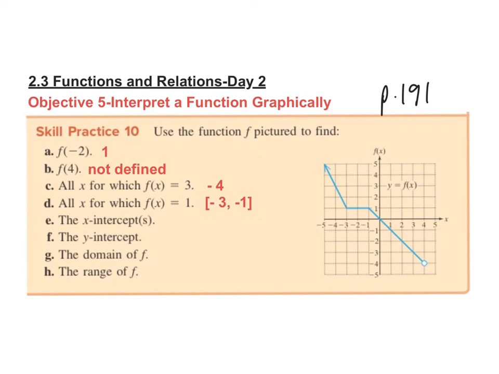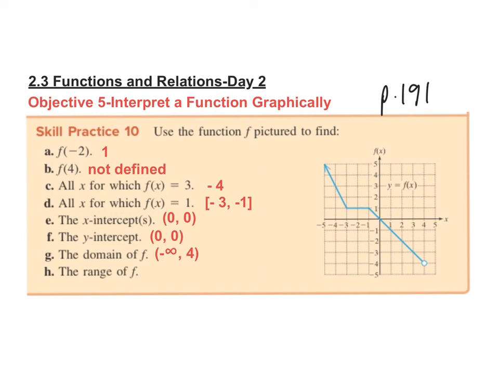The x-intercept and y-intercept happen to be the same point. They both cross the x and y axis at the origin, so both 0. We do have boundaries here because of this particular point. So the domain is going to be less than 4. The range is going to be greater than negative 4.